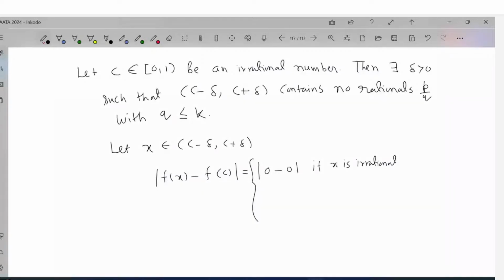So whatever number you get, it is obviously less than 1 by k.